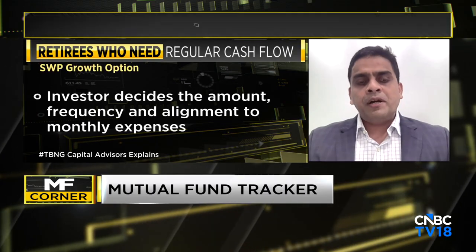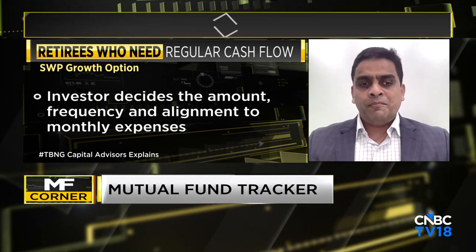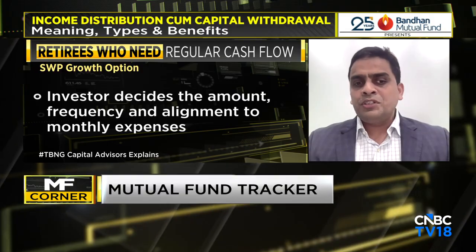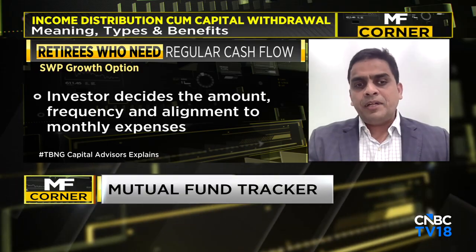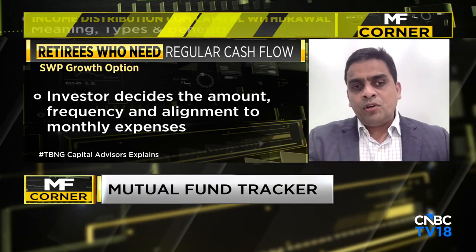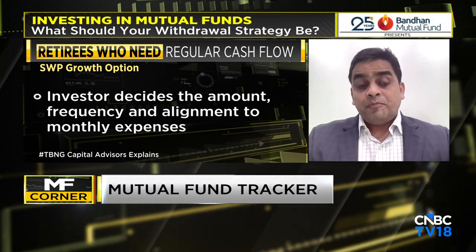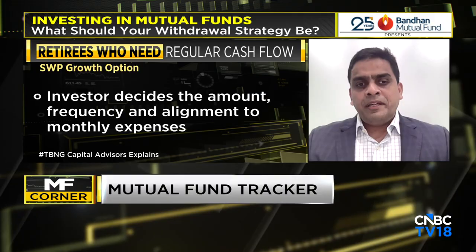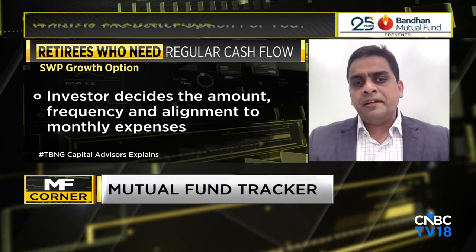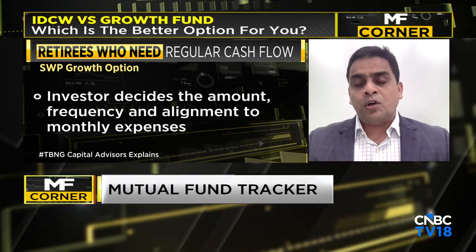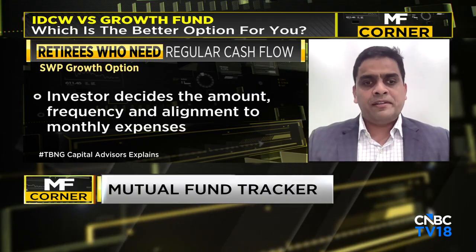So this ensures that behaviorally in a bad market you are not pulling out money from a portfolio which is going down, but at the same time you are ensuring that the corpus kept in fixed income is used for that. I feel just because you have retired, it does not mean that you should stop building or compounding your wealth.